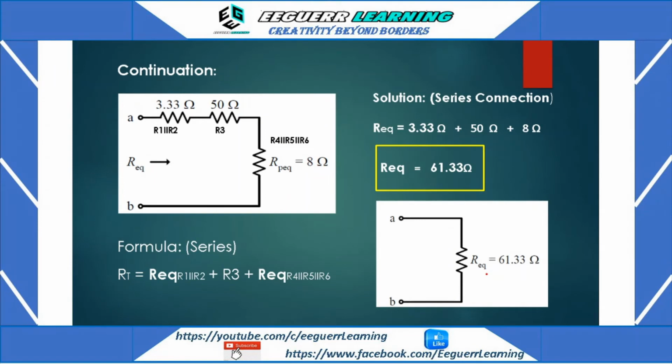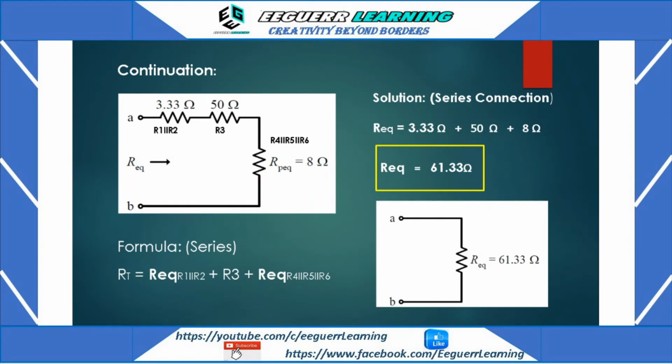So here we have one resistor combined from all these 3 series resistors. So we have now one total resistance of 61.33 ohms. Okay, so that will be our final answer for this total resistance combination of the resistors.